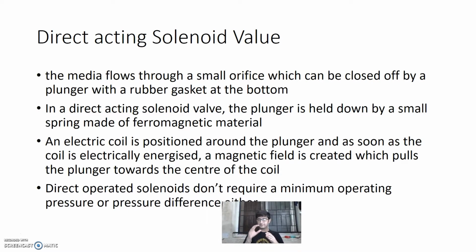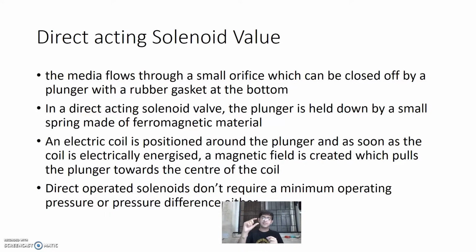First of all, there is a plunger in which a small rubber gasket is present. The rubber gasket will seal our orifice properly so there is no leakage. Now this plunger is attached to one spring to make sure that it is closed all the time, right? A small force won't let this valve open.